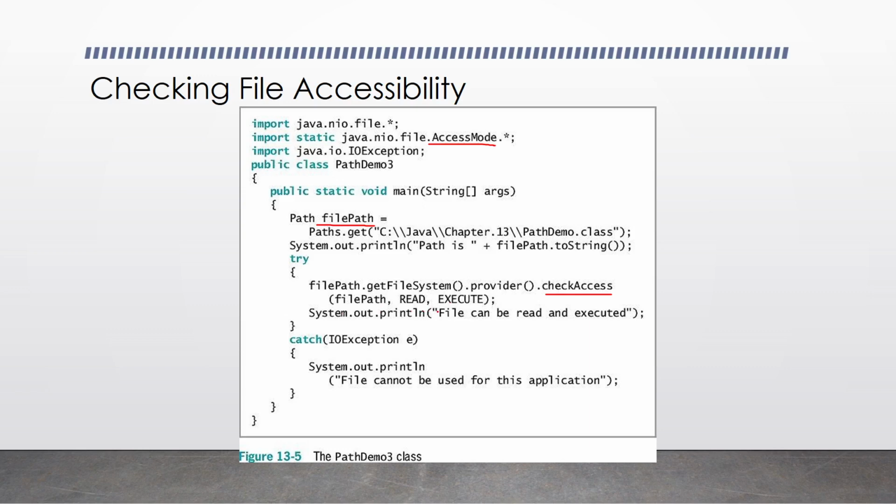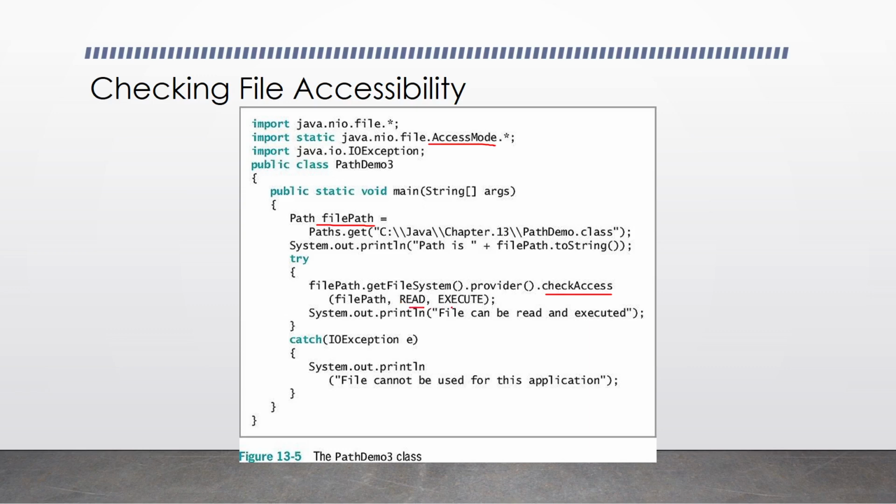So you can use any of the following arguments to the access method. The READ argument checks that the file exists and that the program has permission to read the file.